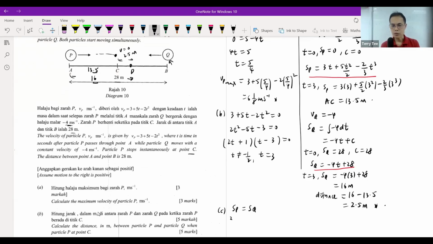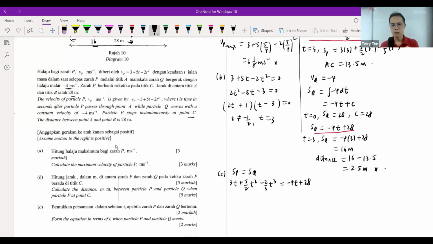Let us write this down: 3t plus 5 over 2t squared minus 2 over 3t cubed equals SQ, which is minus 4t plus 28. We can just rearrange, bring everything to the right-hand side: 2 over 3t cubed minus 5 over 2t squared minus 4 minus 3 is minus 7t plus 28.